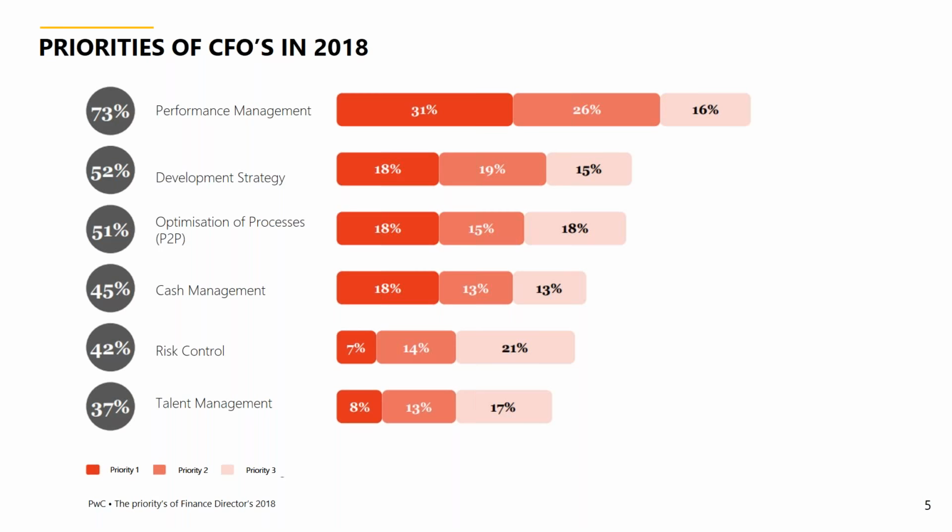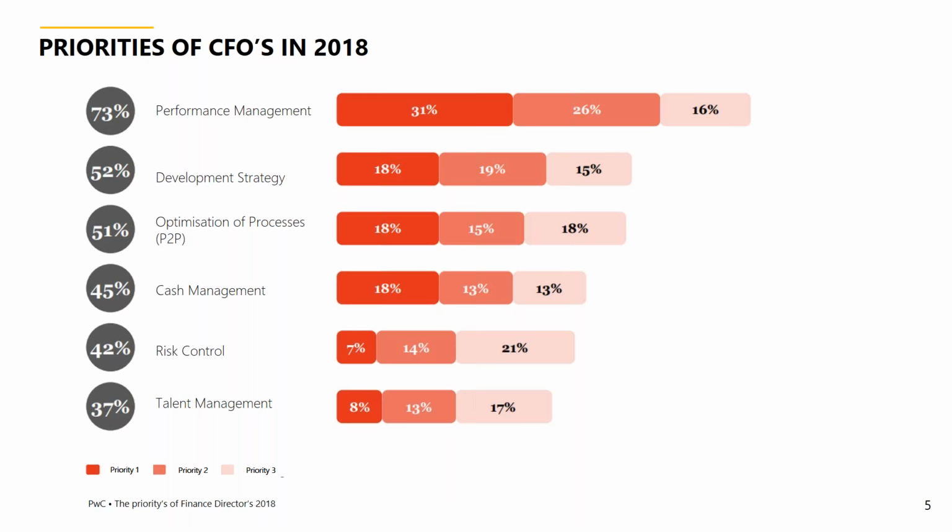This, to a certain extent, plays into performance management, reporting, governance, things like that, and talent management about how do we actually just hold on to our staff who've got knowledge within the organization, and we need to be able to keep that because we can't dilute everything fundamentally into a database and into a machine to be able to do things. So these are the sort of priorities that the CFOs are looking at.